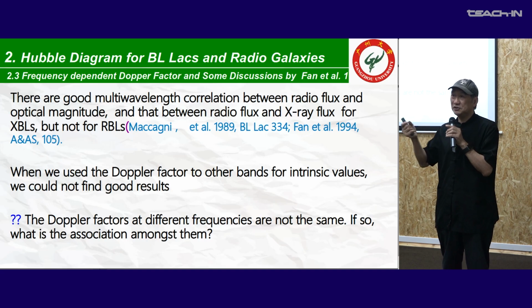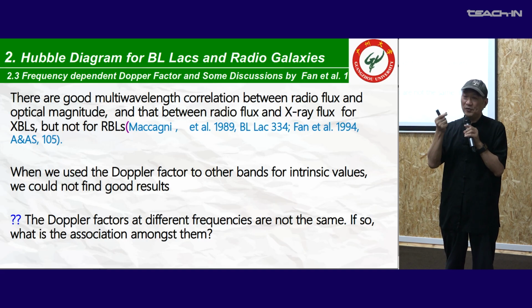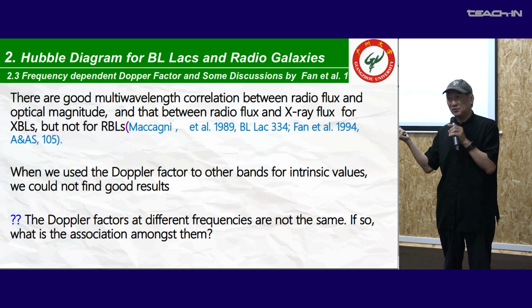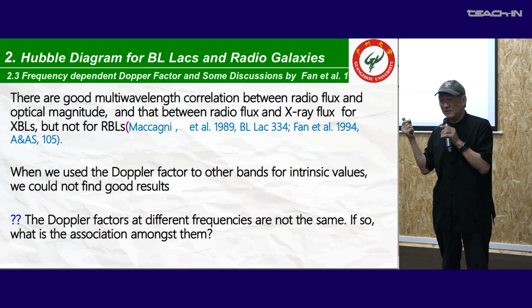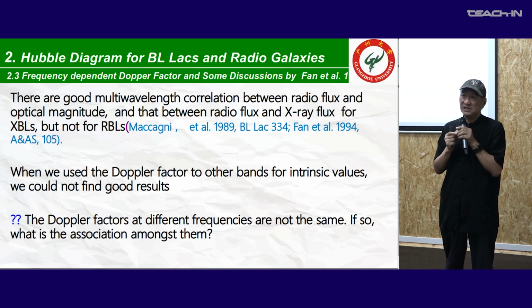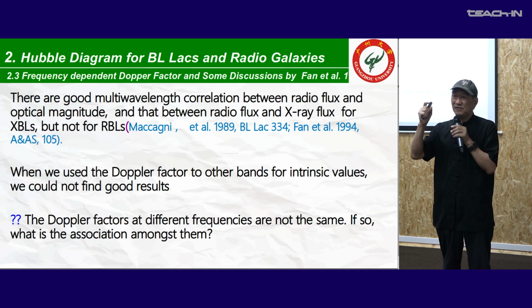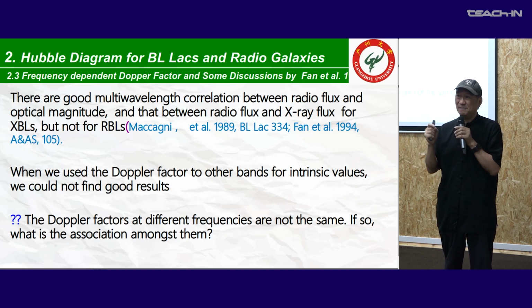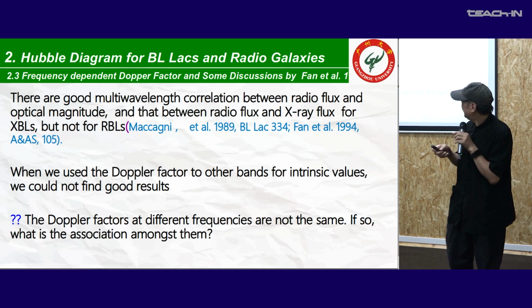If we use the same Doppler factor to get the intrinsic radio, optical, or X-ray flux density, we cannot get good correlations. Perhaps the Doppler factor in different bands is not the same.